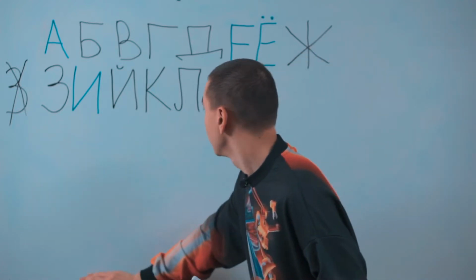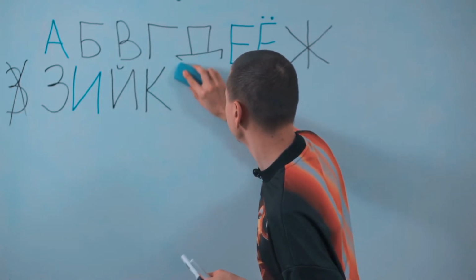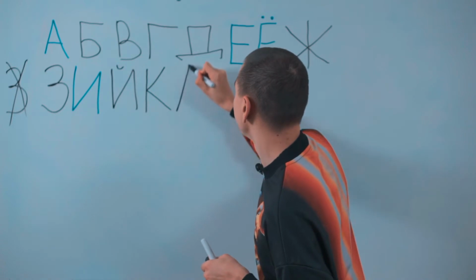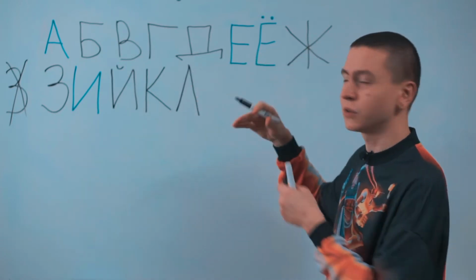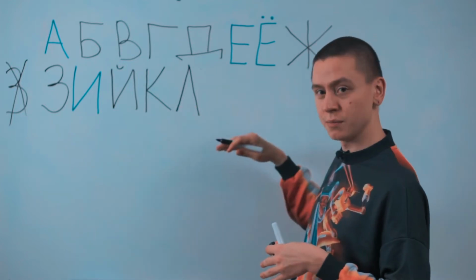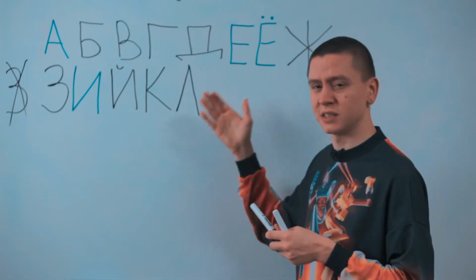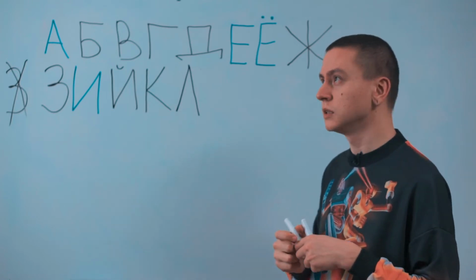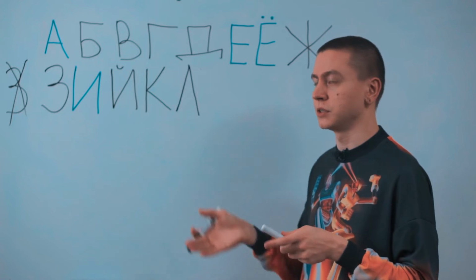That's why I'll get rid of it and put this. So it's L. There are variants of this letter, how to write it, how to type it. This one is easier. So it's L, like in Latin languages.